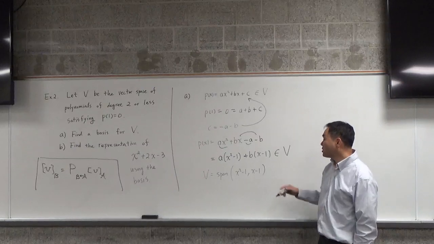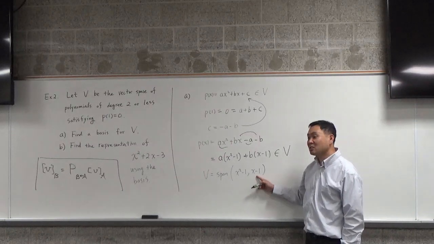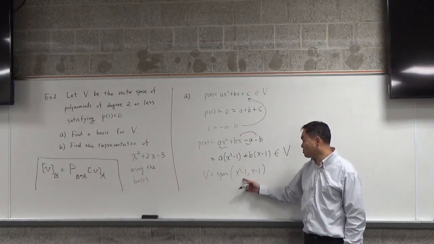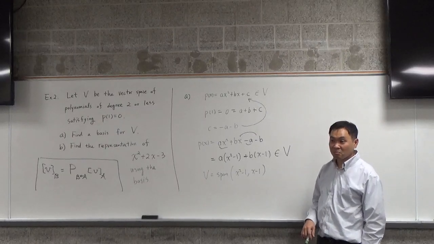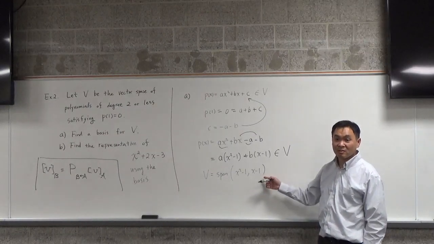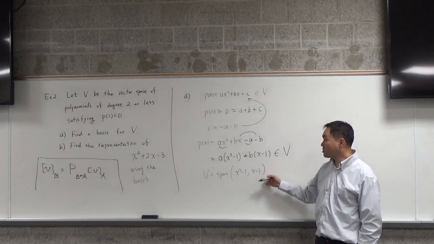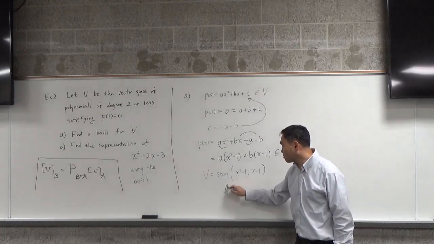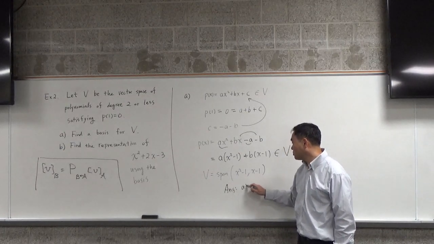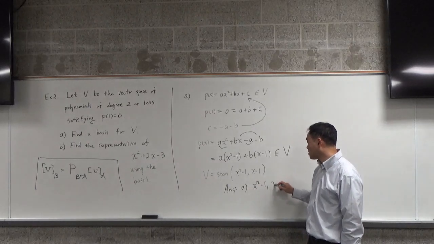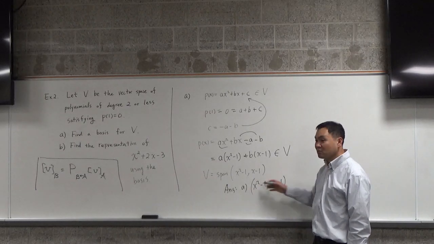So we know that these two are linearly independent and span the entire space, so this must be a list of vectors that form a basis. Is that okay? So the answer to part A is that x squared minus 1 and x minus 1, this list, is a basis.